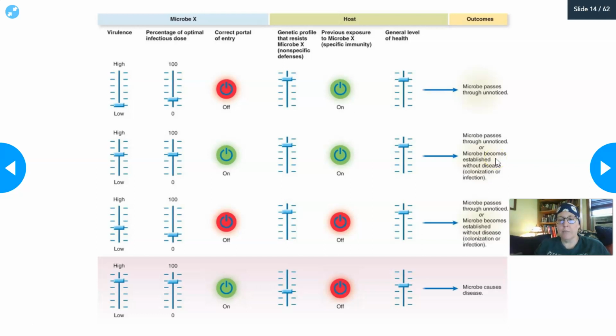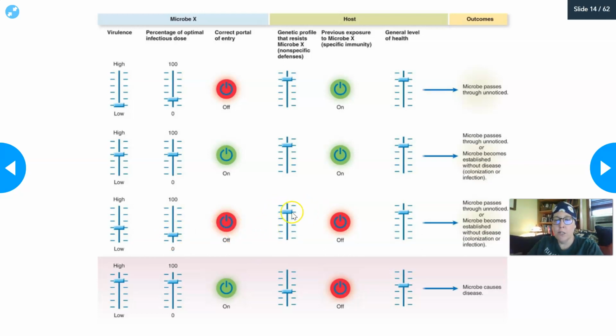So that can happen to people, and so they can actually have the virus or have the microbe, carry it, not know that they're sick, and so in a way they become those silent carriers. Okay. Or you can have, again, virulence down a little bit and you don't get a big dose. It's not the correct portal of entry.